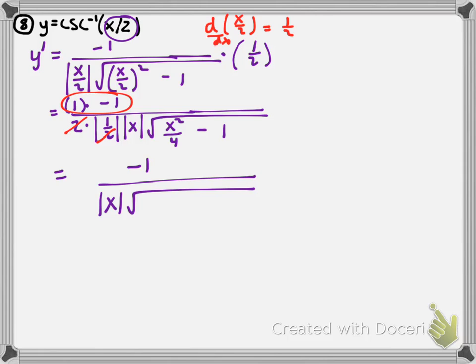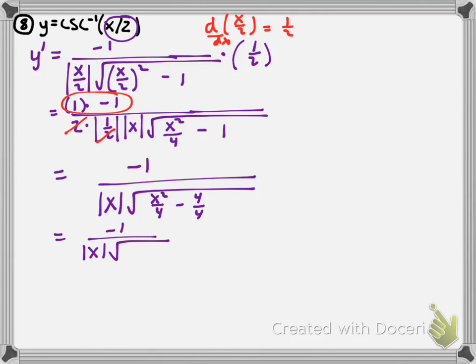Let's factor out a 1/4. Should we do that? No, let's not do that. Let's do it this way. We'll have x squared over 4 minus 4 over 4. And that right there is -1 over the absolute value of x.